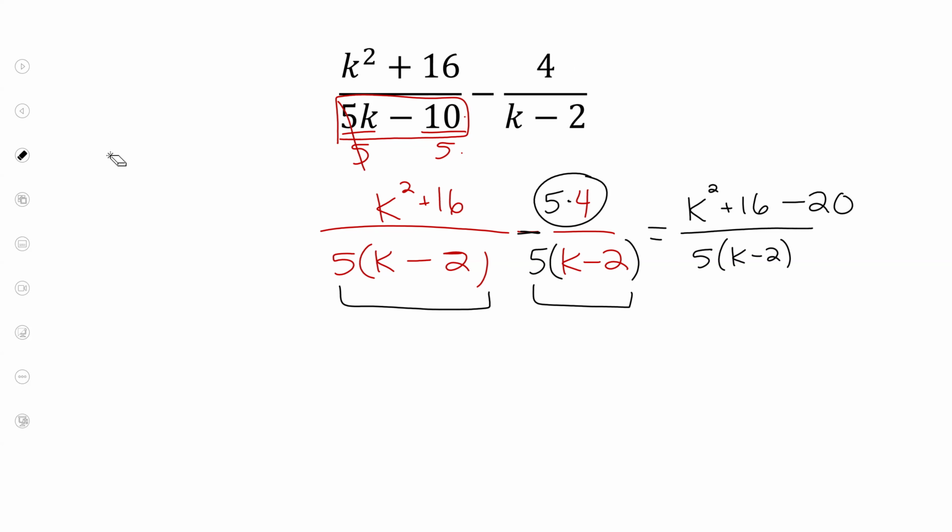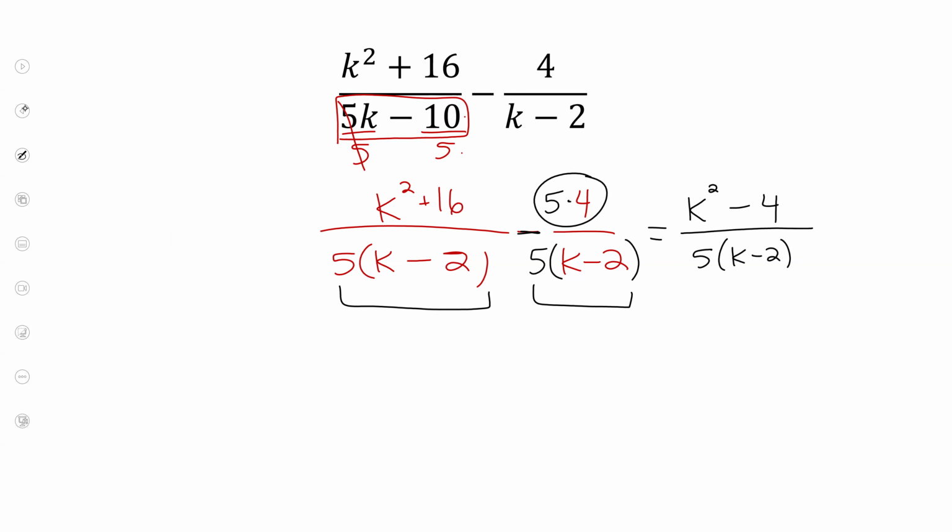Now, 16 minus 20 is just -4. So I'll put that as -4. Okay, so we're good. We subtracted those two rational expressions.